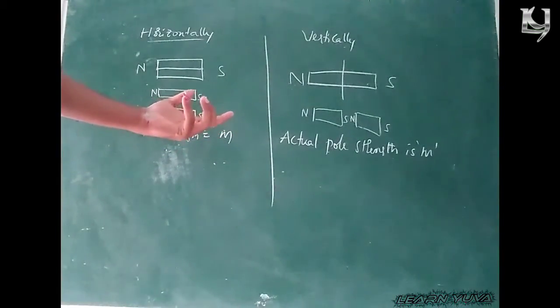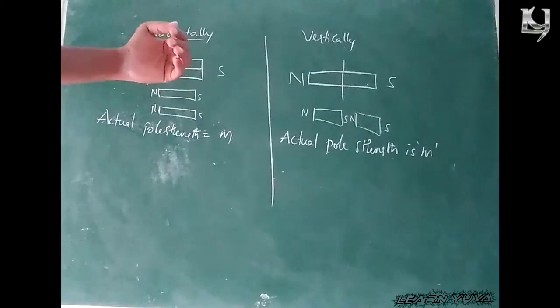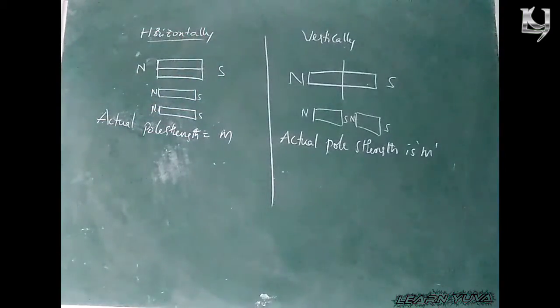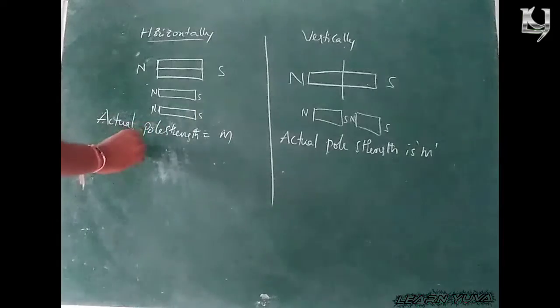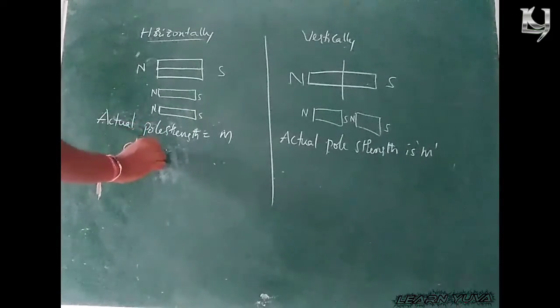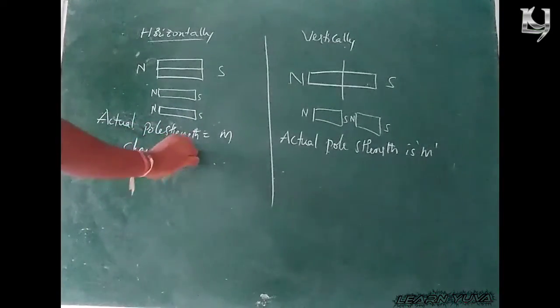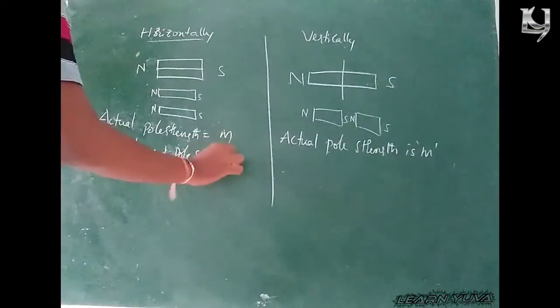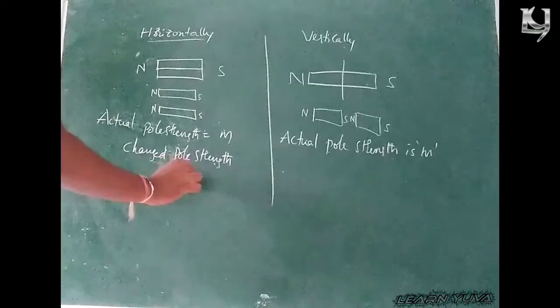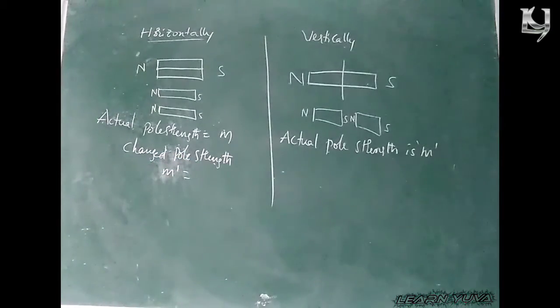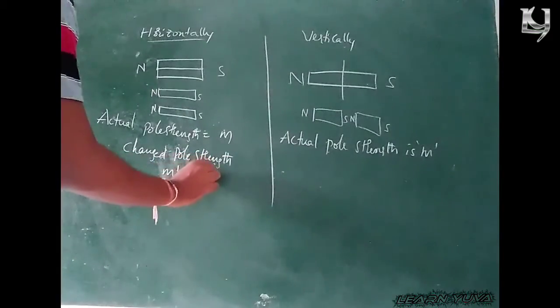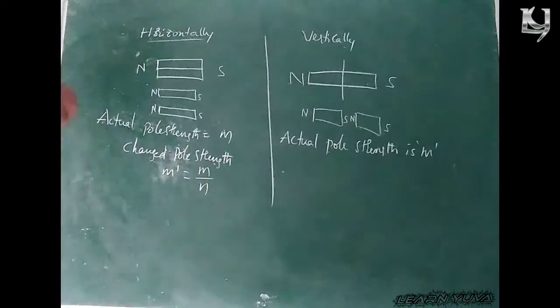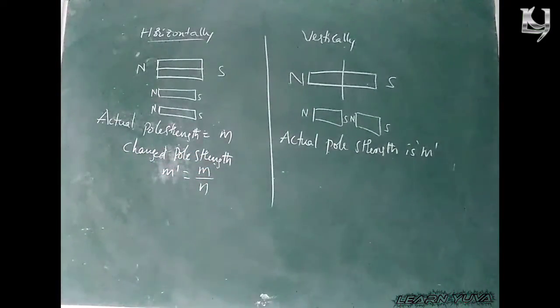Now, the change in pole strength, let's take it as M dash. So here the pole strength changes as M by number of pieces in the horizontal case.